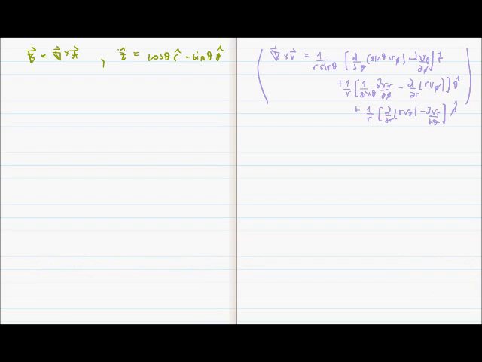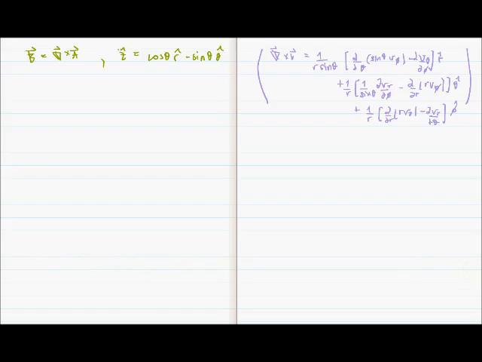Now that we've derived the vector potential, why don't we get the B field using these equations? We're going to be converting from Cartesian coordinates to polar using the set of equations on the right, and also the fact that the unit vector z follows this relationship here.